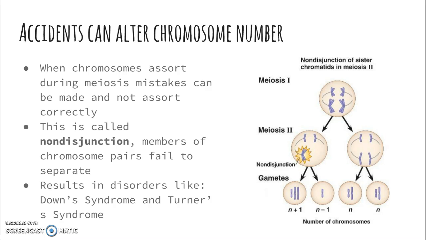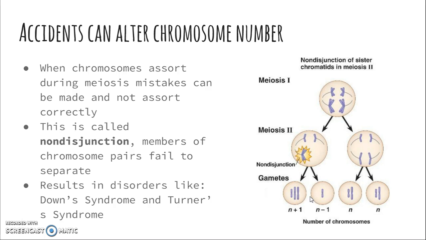Non-disjunction is when members of chromosomes fail to assort, when chromosome pairs fail to separate correctly. So what we see here is truly non-disjunction. These guys did not separate. So what's going to happen is one of our gametes is going to have 3 of the chromosomes and one's going to have 1.